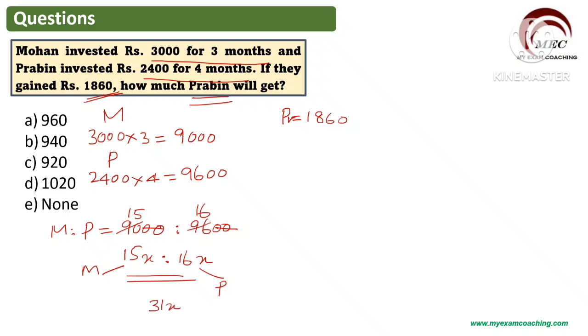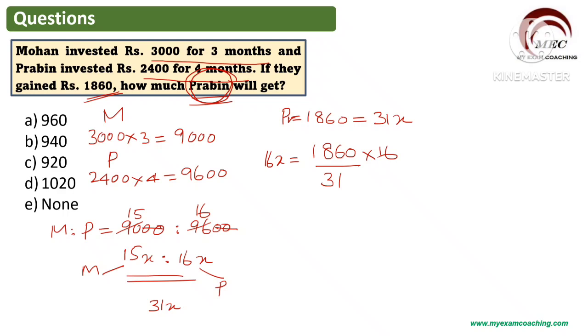So 1860 will be equal to 31x. We want to find out how much Prabin will get. So Prabin will get 16x. So 16x will be equal to how much? 1860 divided by the total 31, multiplied by 16.